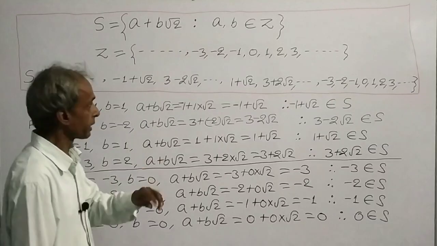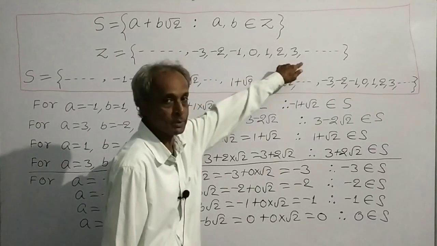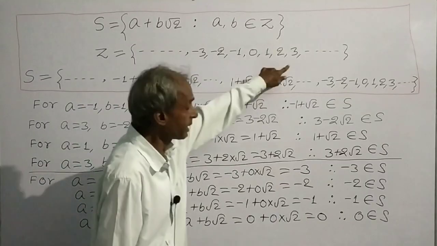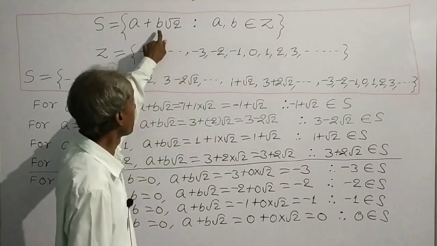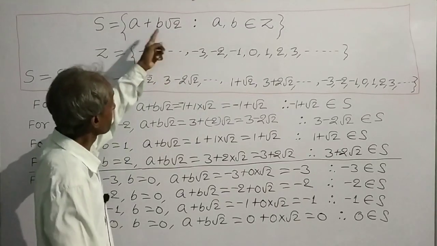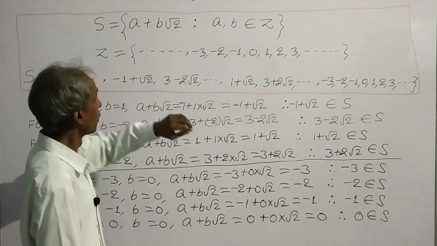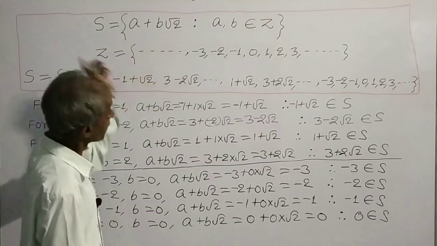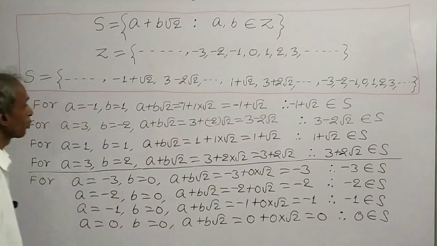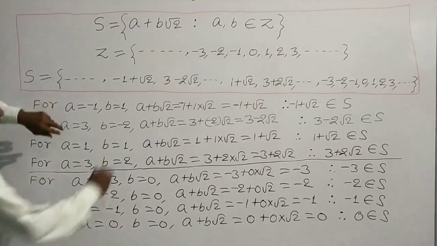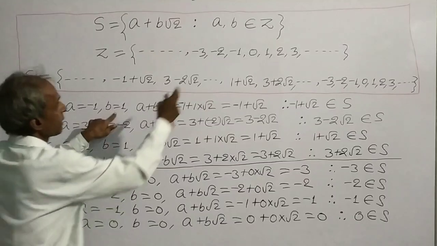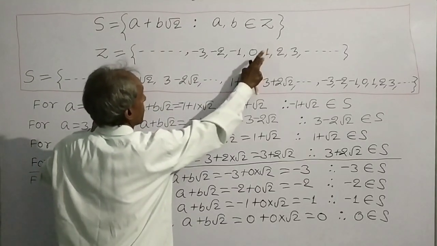When we put any number from this set in place of a and any number from this set in place of b, then the value of a plus b root 2 obtained will be present in this set. For example, -1 is in this set and 1 is also in this set.